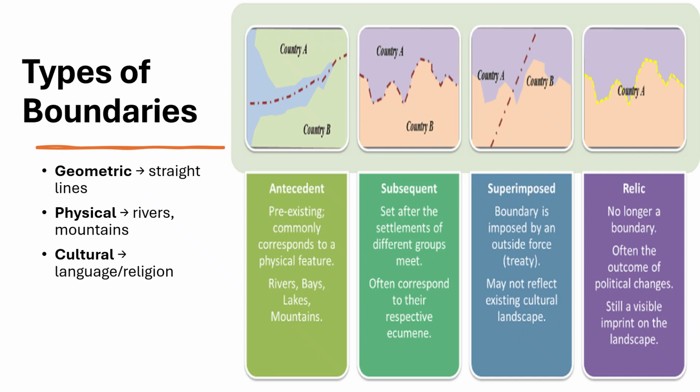Now, we have different types of boundaries depending on when they were created. Antecedent boundaries, these existed before countries, and that's our natural boundaries. Subsequent boundaries are set up after people moved in. There's two groups, and they don't like each other, so they're going to build a fence.